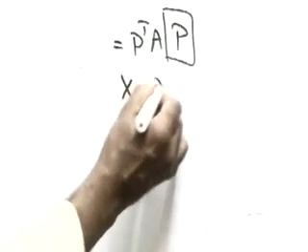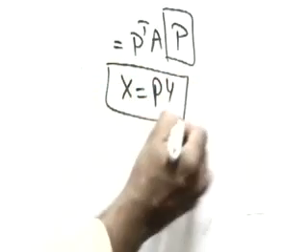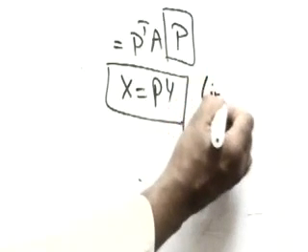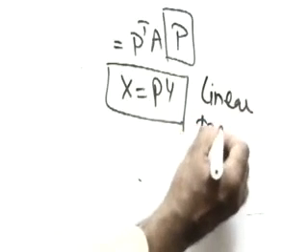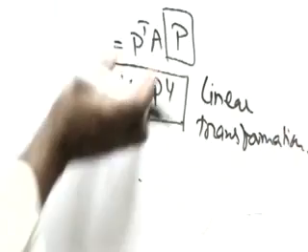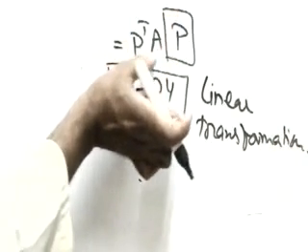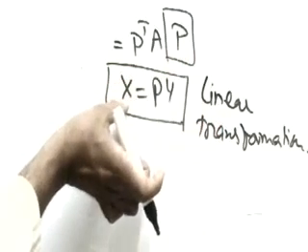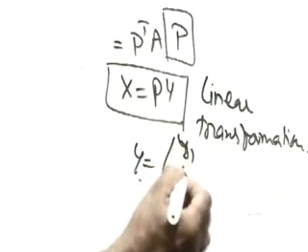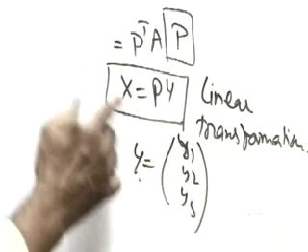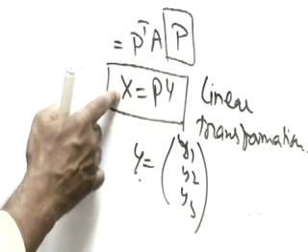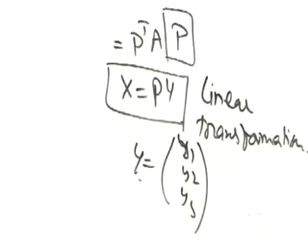The linear transformation is denoted by x equals P into y. Y we will take as y1, y2, y3. X is the variables of the given question, generally x, y, z, or x1, x2, x3.